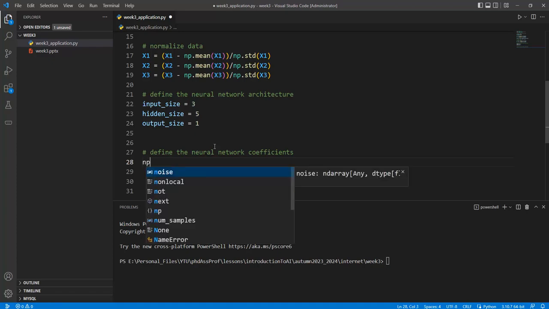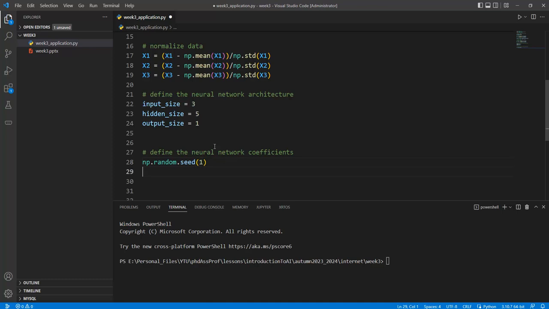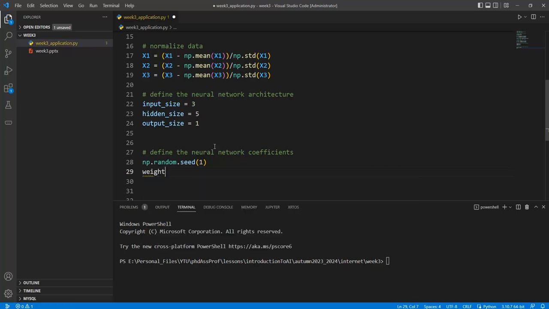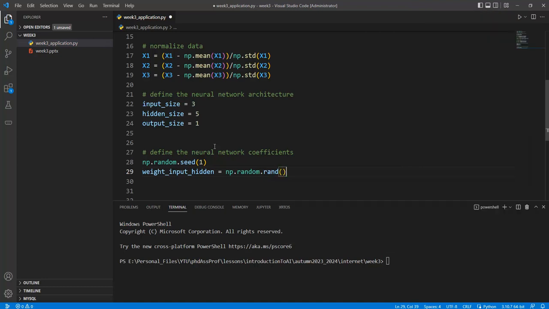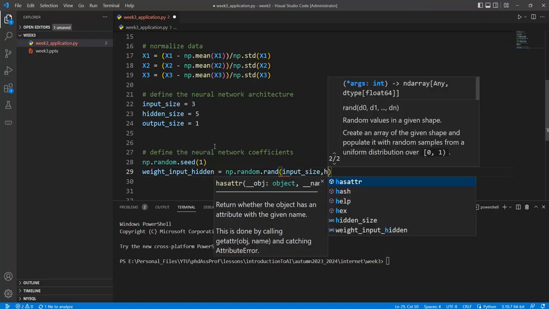For example, np.random.seed must be changed in here for different coefficients from this data. Weights, input to hidden coefficients, which means this is W. The np.rand function can be called in here with the parameters of the input size and the hidden size.